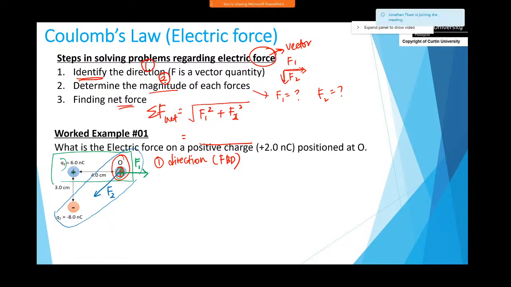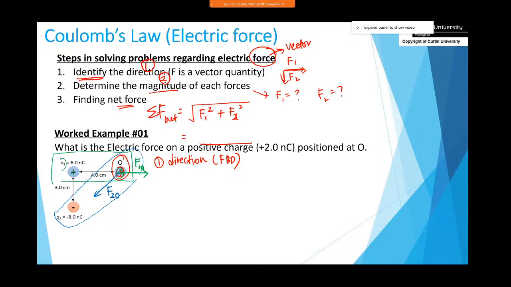So these are the two directions that you have identified. Or to make it easier to identify, F1 is the force between point 1 and point O, written as F1O, and F2 is the force between point 2 and point O.